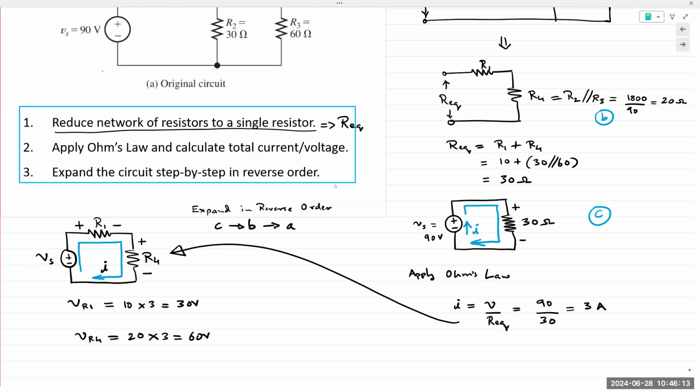The higher the resistance, the higher the voltage. Current is the opposite, right? I is V divided by R. So the higher the resistance, the lower the current, and the lower the resistance, the higher the current. Okay, so you have to keep that in mind. 10 ohm resistor, 30 volts, 20 ohm resistor, 60 volts. And current would be the exact opposite.